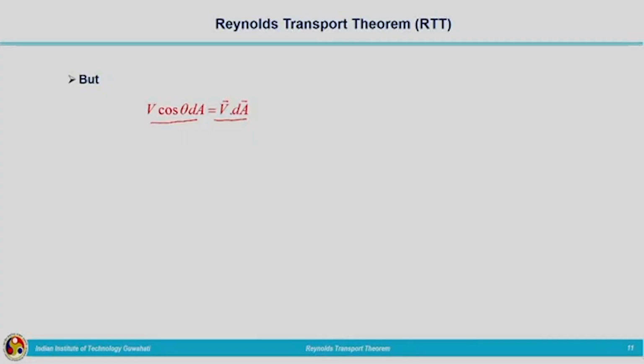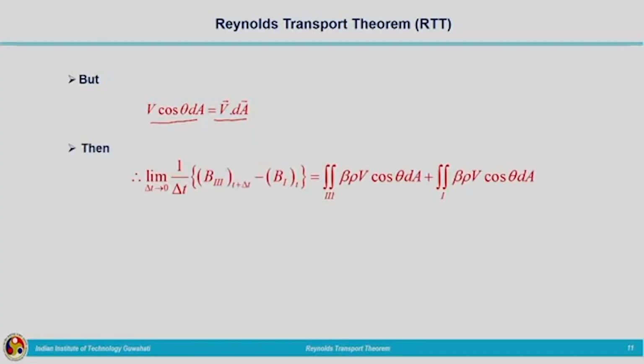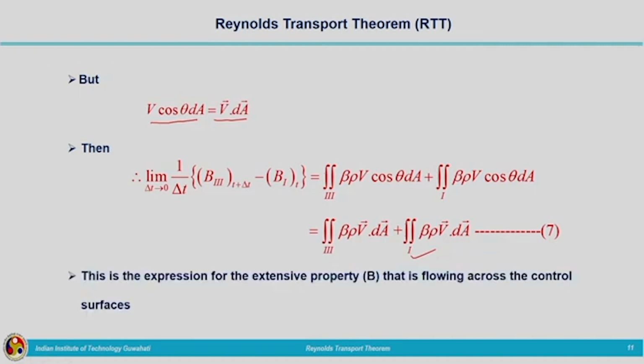So, this we will substitute in the previous expression, it will be modified like this: surface integral of beta rho V dot dA corresponding to the outflow region, plus surface integral of beta rho V dot dA corresponding to the inflow region. This is the expression for the extensive property that is flowing across the control surfaces.